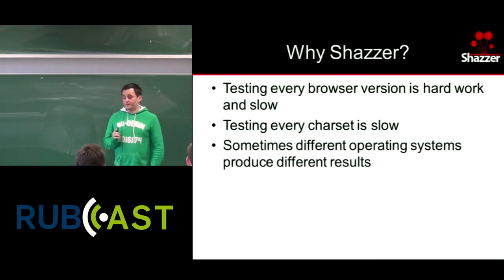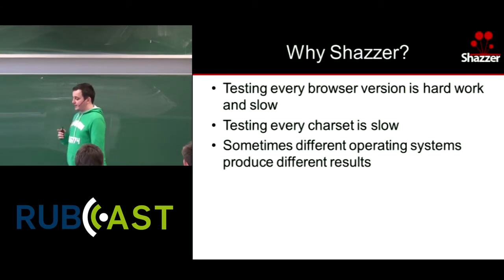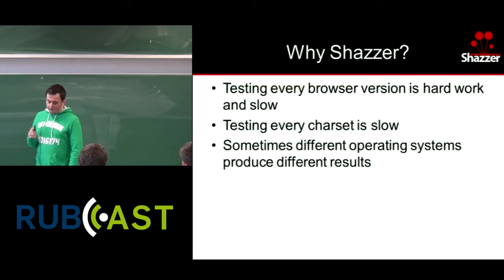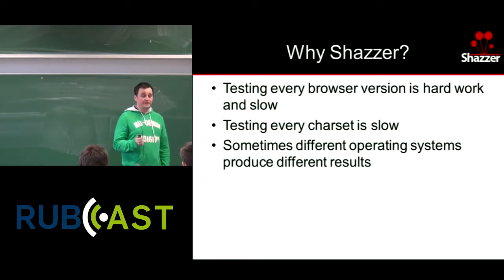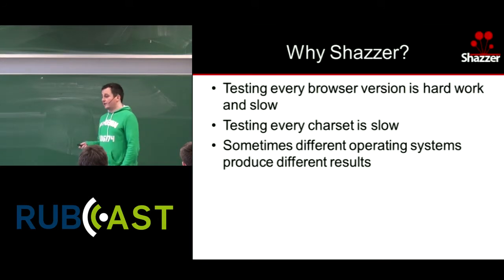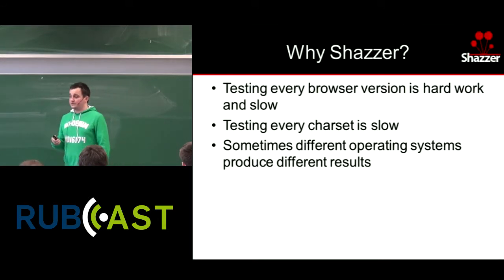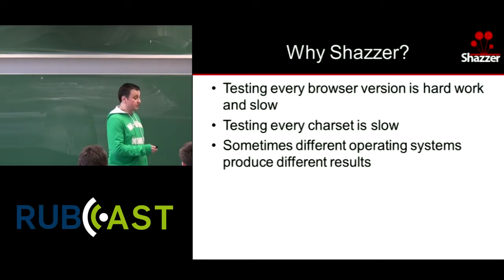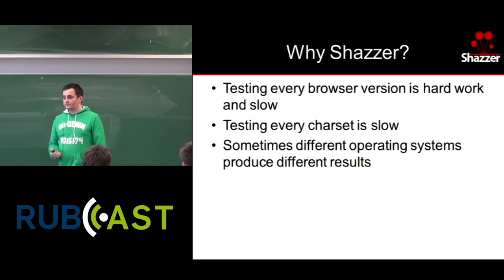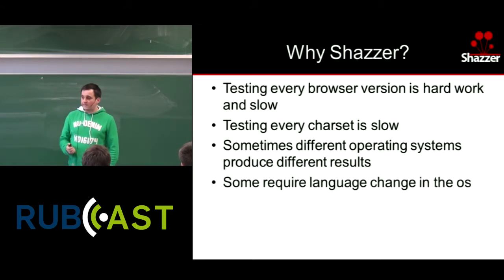Operating systems can also affect the actual characters that are allowed to execute in different circumstances. So a Japanese user in a specific character set on a Japanese version of the OS will get different results than somebody in America running their language. So it's hard work to test.